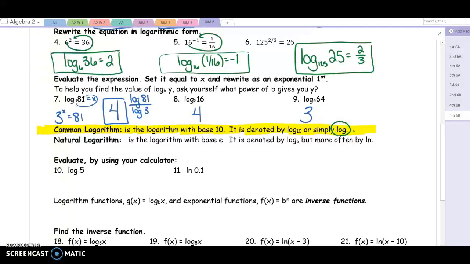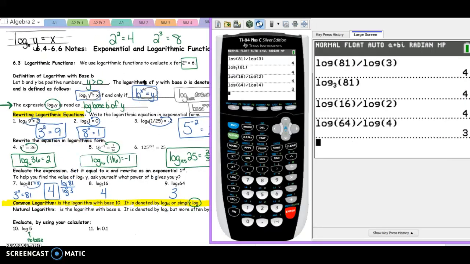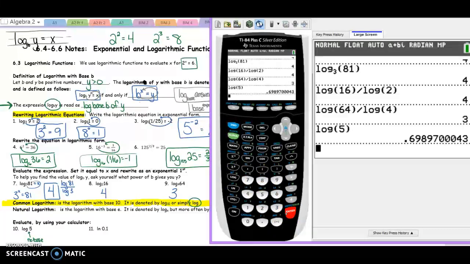So anytime you see log with no base, kind of like in number 10, see how there's no base? If you see log with no base, that means it's base 10, the common logarithm. So to do number 10, you would punch the log button, and then 5. The log of 5 is 0.699.